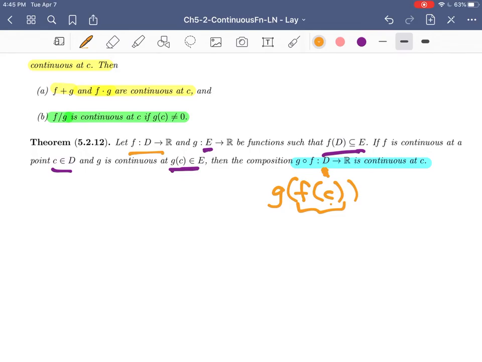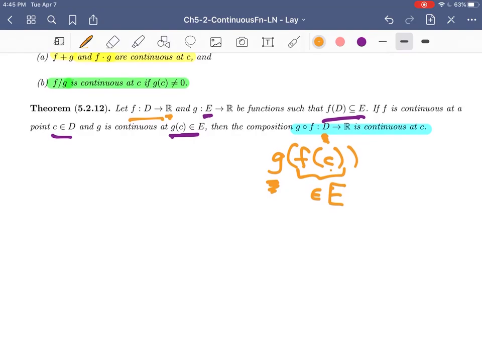The output of that is going to be a subset of E. So f of C is an element of E. So it makes sense to apply the map g to f of C. And if g was continuous, then that composition has to be continuous. So the final output is still in the real numbers.